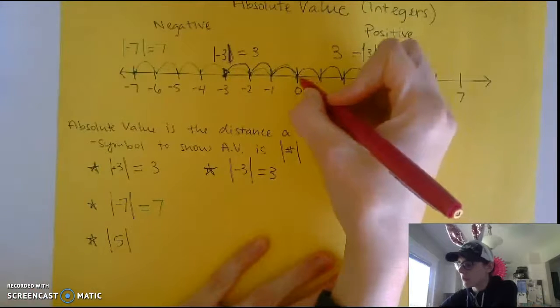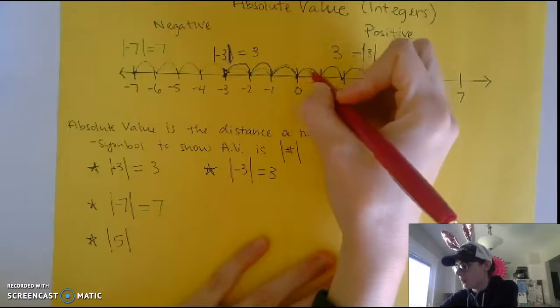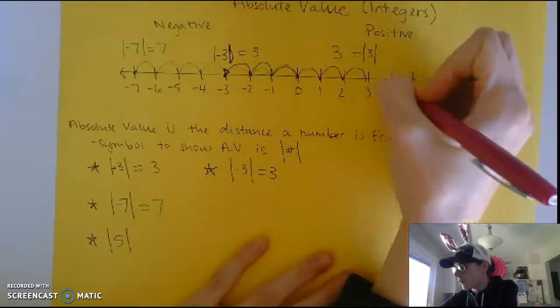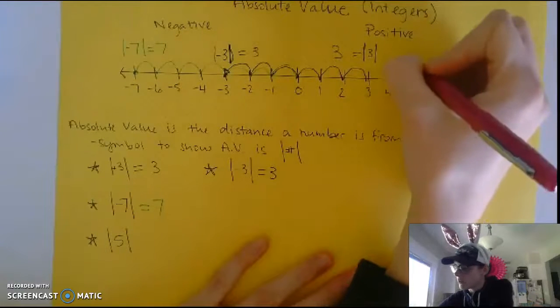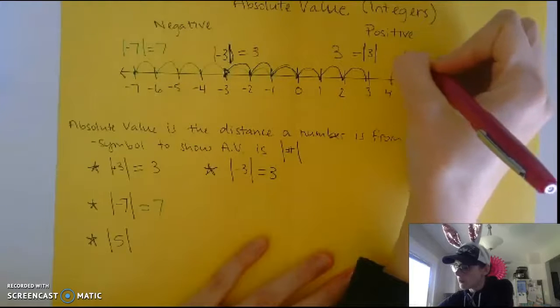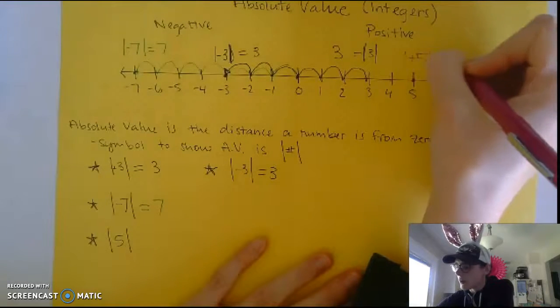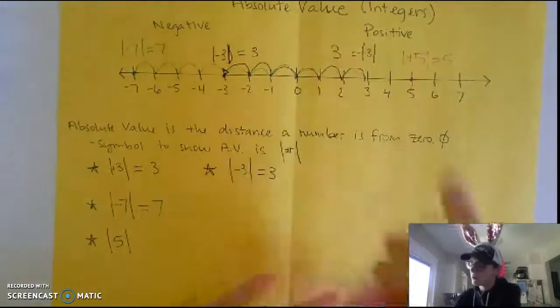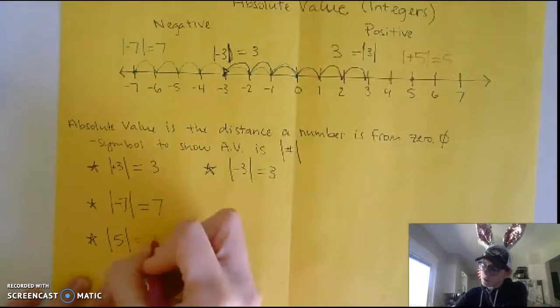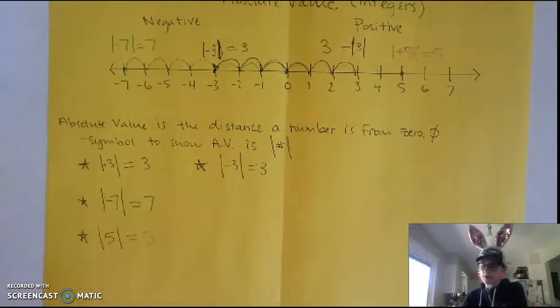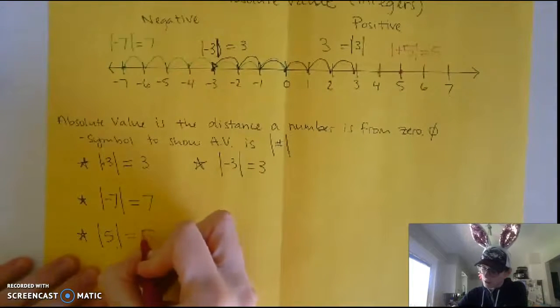So I'm going to go to 0 and count until I get to 5. 1, 2, 3, 4, 5. So the absolute value of positive 5 is 5 because it took me 5 jumps to get from 0 to positive 5. Sorry, that's really hard to see.